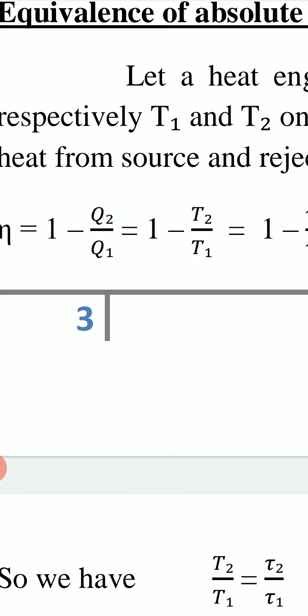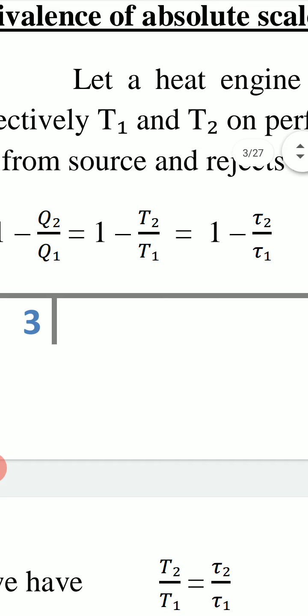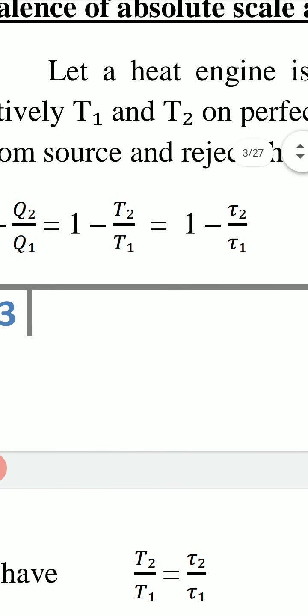T2 and T1 are temperatures of the sink and source respectively, and these are the temperatures on the perfect gas scale. Also, this efficiency is given by 1 minus tau 2 upon tau 1. Here tau 2 and tau 1 are temperatures on the new Kelvin's absolute scale of temperature.